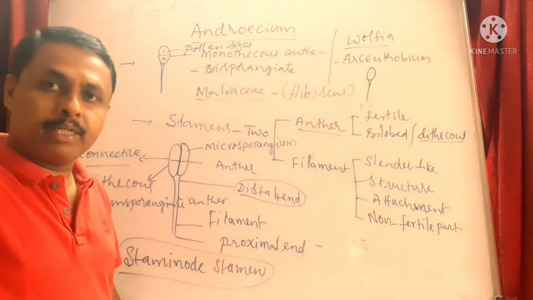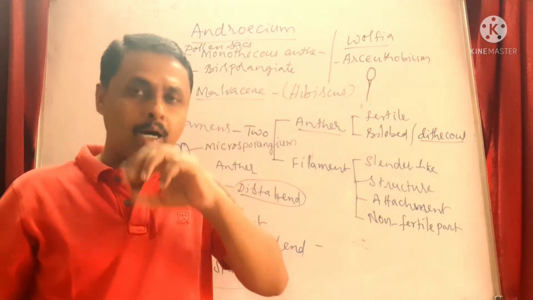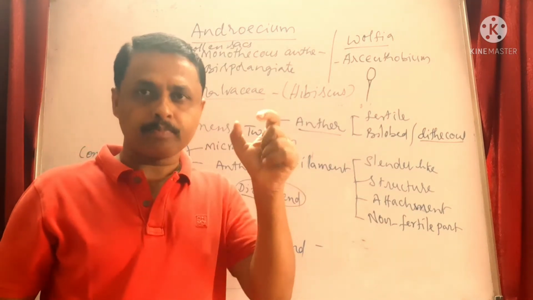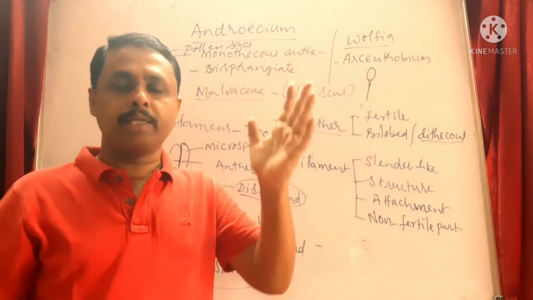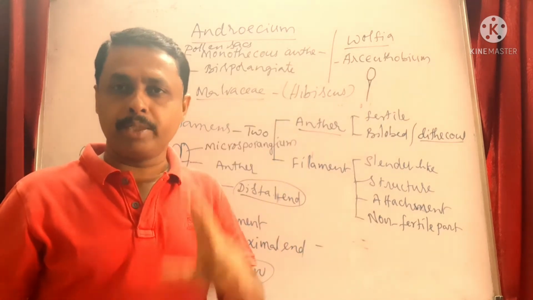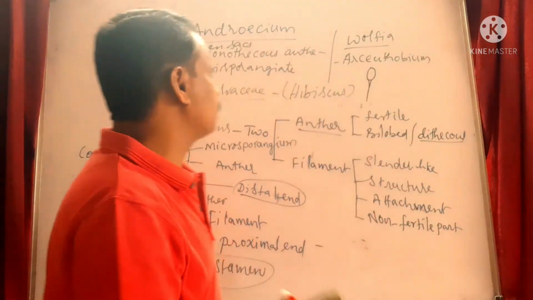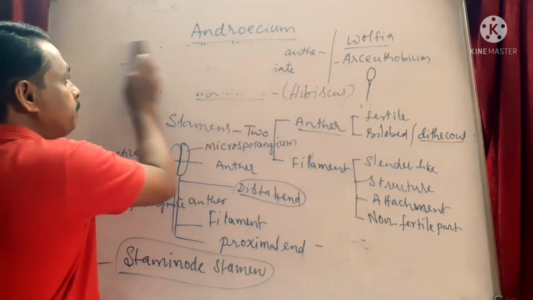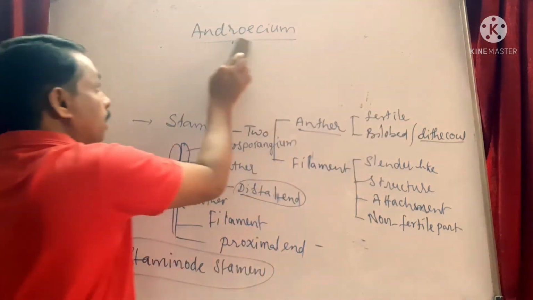Now, next we'll talk about the length or position of the stamens within the corolla or outside the corolla. There we can describe two types of flowers or two types of stamens based on their length.